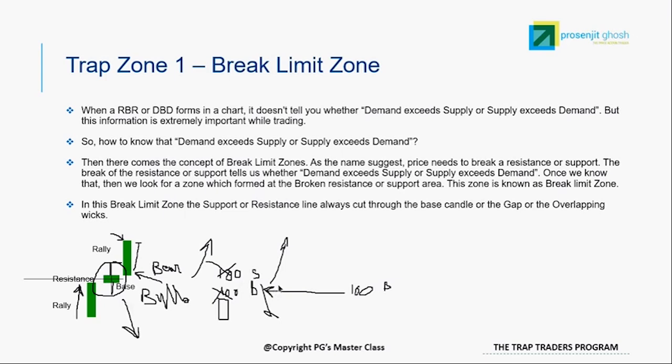There is no seller left, and there are only 100 buyers left. So price shot up, showing that a decision has been made in the price, and these 100 orders are also pending at this area. Once price returns to this area, we know the price is going to go up. We know that demand exceeds supply at this point.